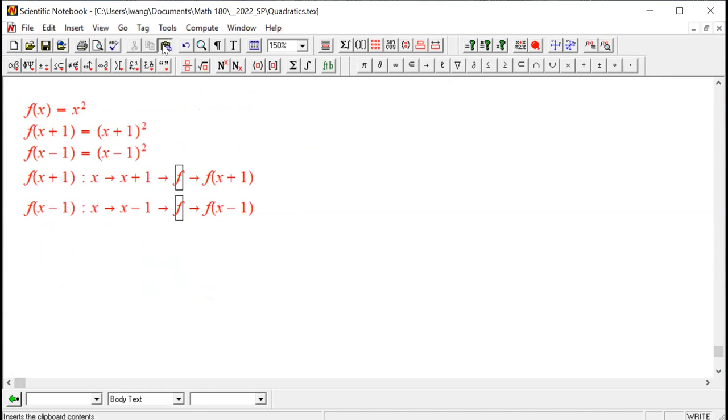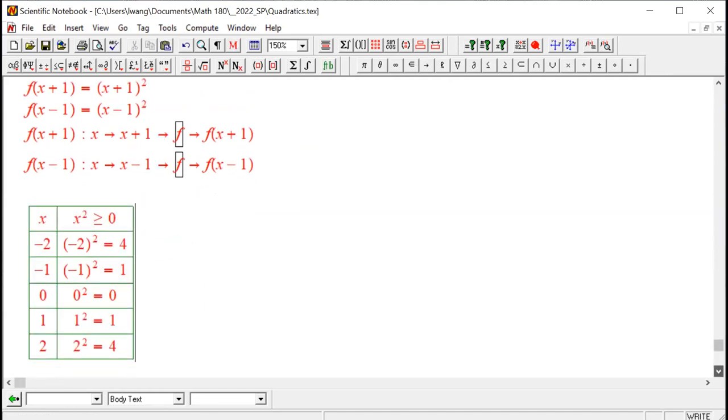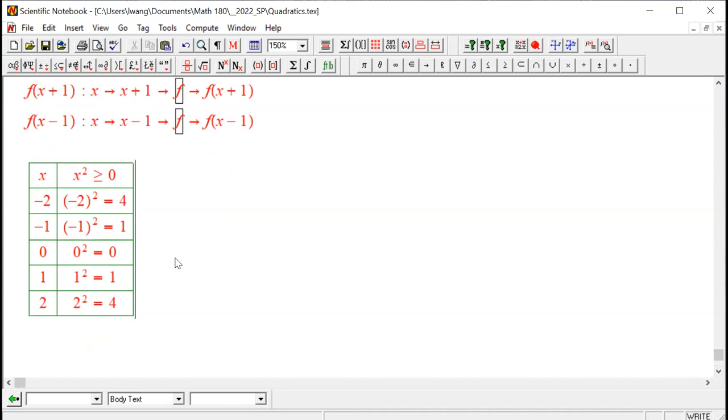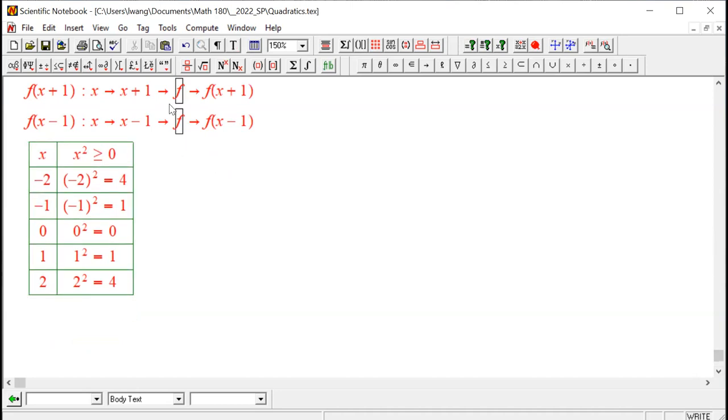But this time, we're not going to keep the same input. We're going to do different inputs, but to get the same output. Let me show you.